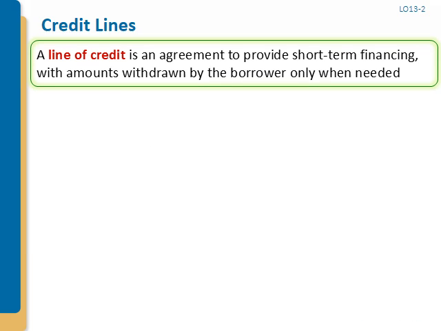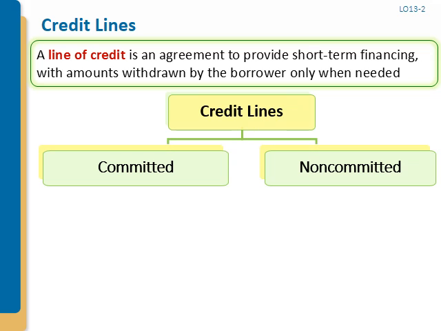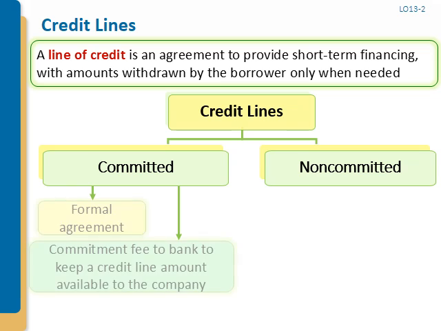Usually short-term bank loans are arranged under an existing line of credit with a bank or group of banks. A line of credit is an agreement to provide short-term financing with amounts withdrawn by the borrower only when needed. Even though the loans are short-term, with amounts borrowed and repaid frequently, the agreement to provide the line of credit usually lasts several years.